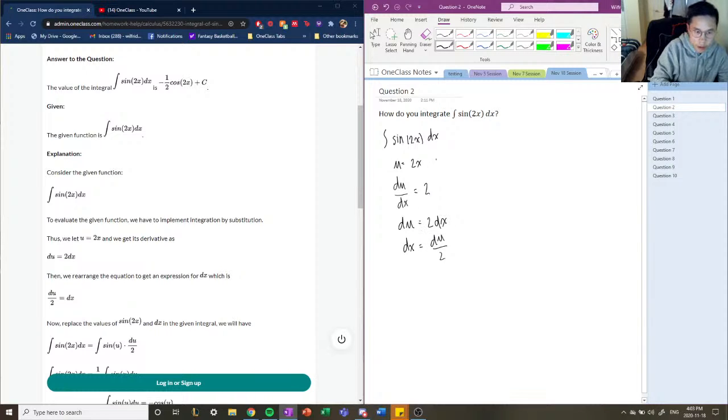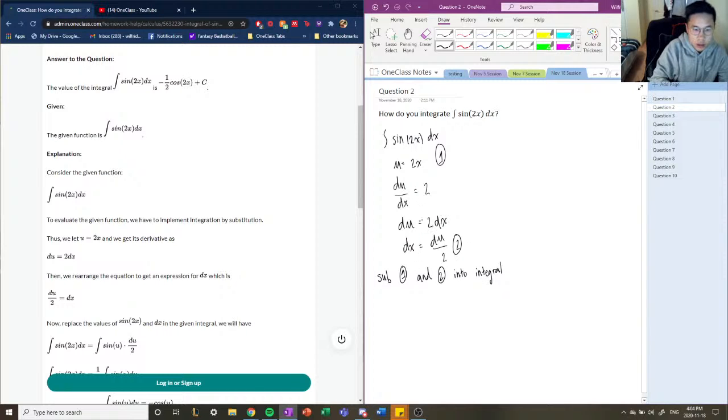Okay, so we're going to use 1 and 2, and we're going to sub this into our integral.